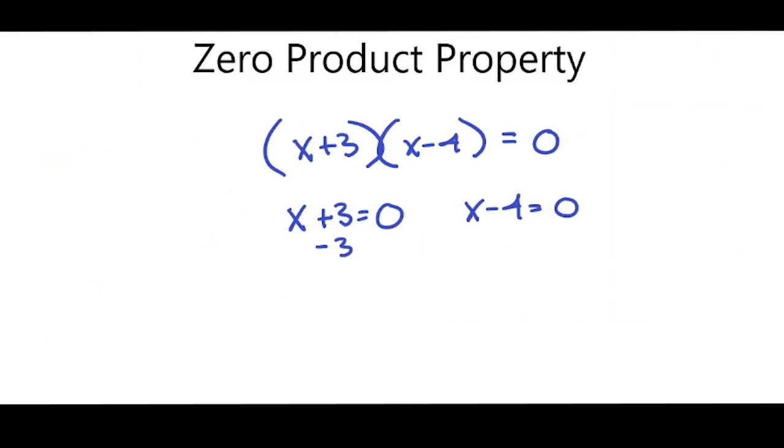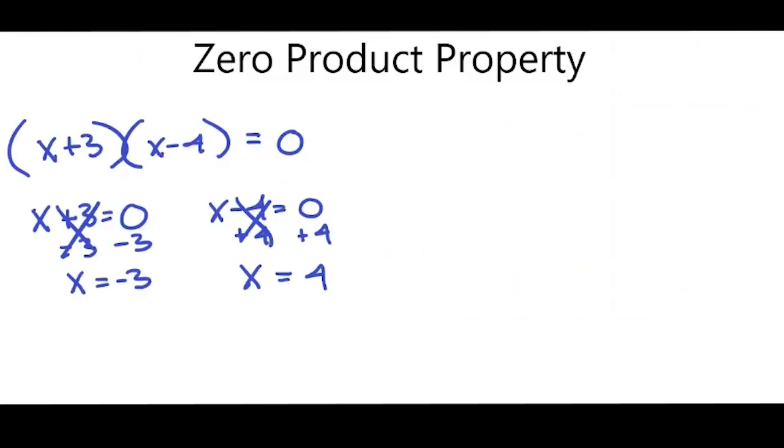So I'll subtract 3 here, subtract 3 here. x equals negative 3. And on the second one, I will add 4 on both sides of the equation. And remember, we're going to cancel that. Probably should have canceled these over here too. And I have x equals 4. So my two solutions are x equals -3 and x equals 4.